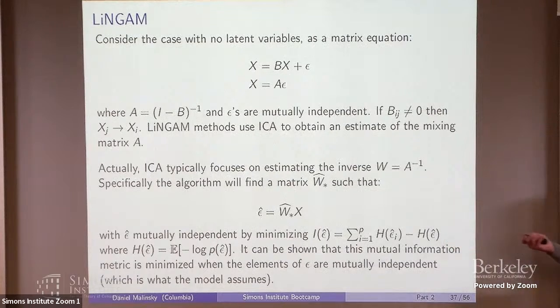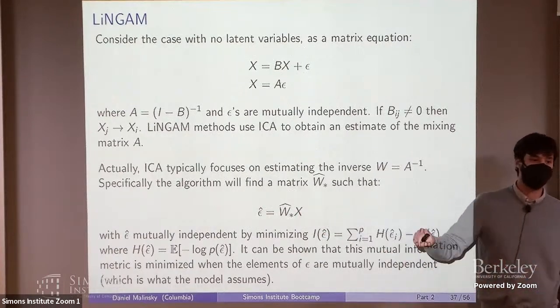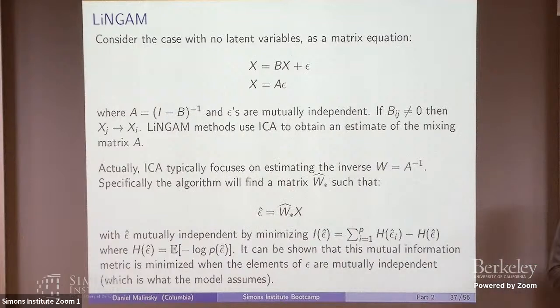ICA, independent components analysis, will typically focus on estimating the inverse of this A matrix. Specifically, the algorithm will find an estimated W, the inverse of A, such that the resulting residuals look mutually independent, right? Which is the underlying assumption of the linear model, at least in the case without latent variables.